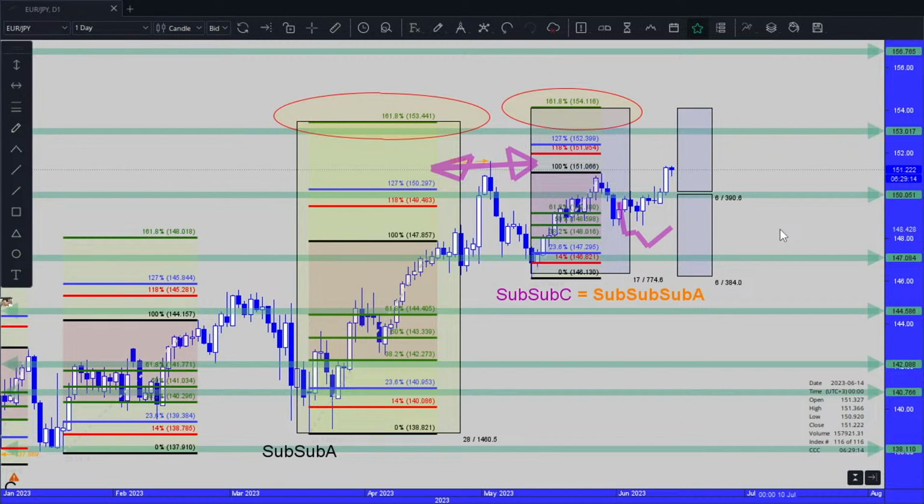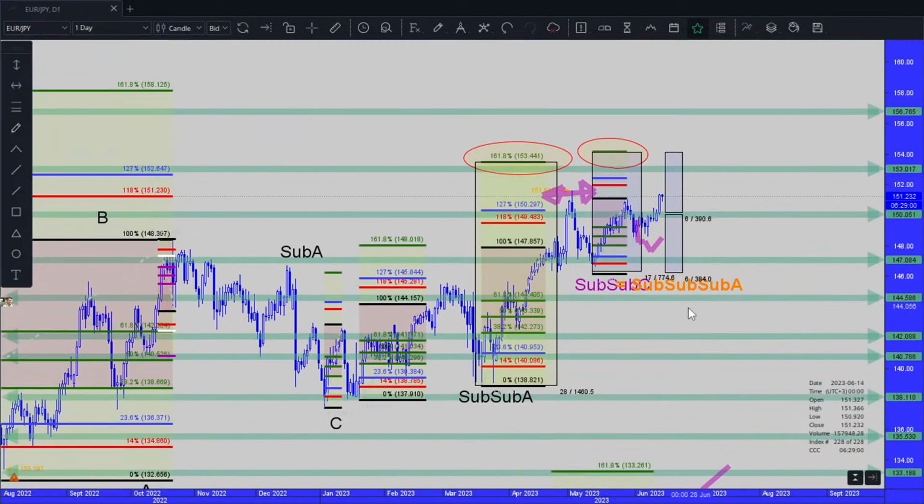The green is moving the blue. What does this mean for price action? Yes, the green is moving the blue. What does this mean for price action?